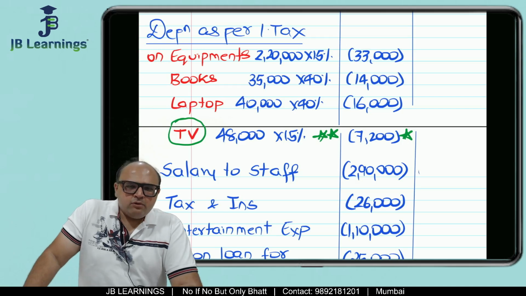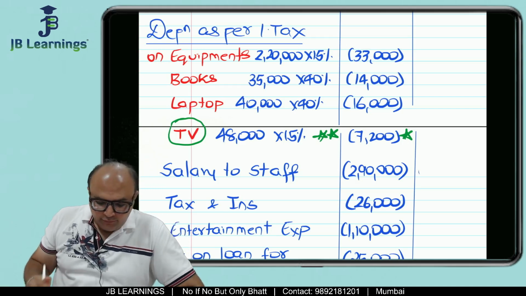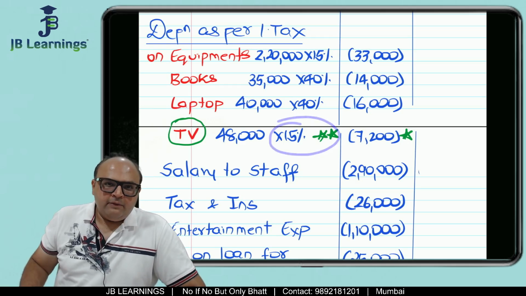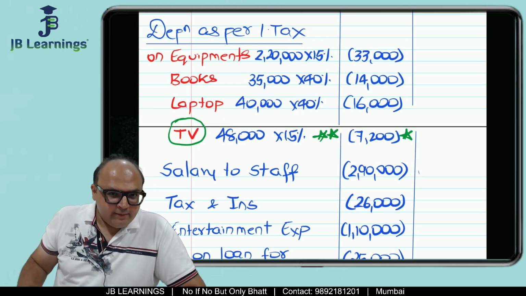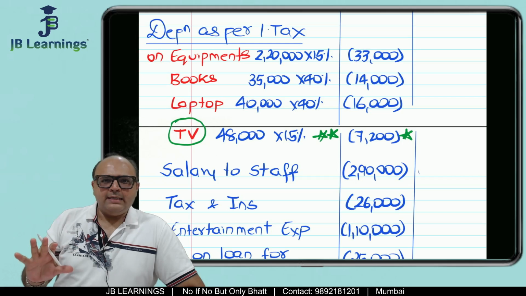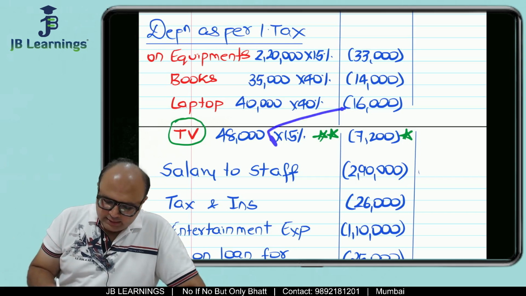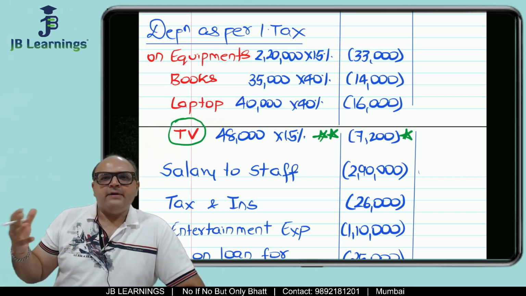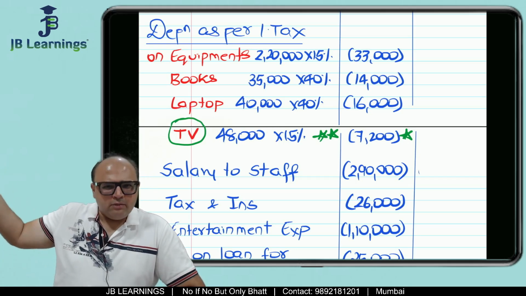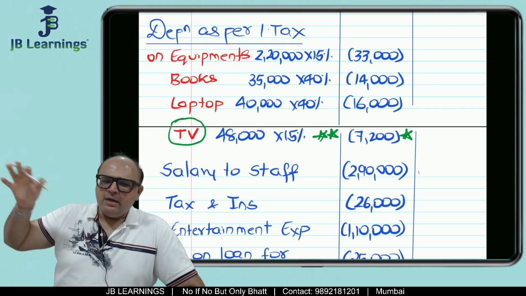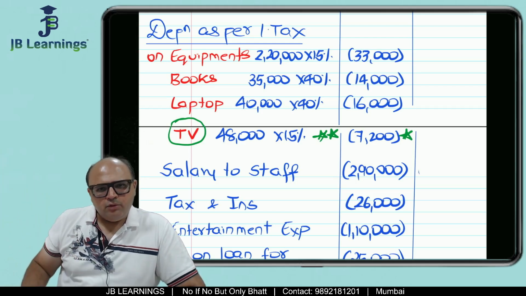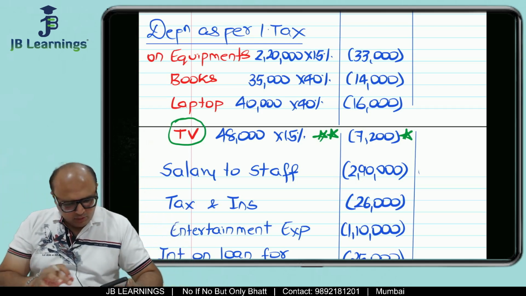Another assumption is that TV is a part of furniture, then furniture's rate of depreciation is 10%. So ICAI has given the answer as per 15%, but they have ensured that if you make other assumptions, like furniture, then in that case also they are giving you the marks.